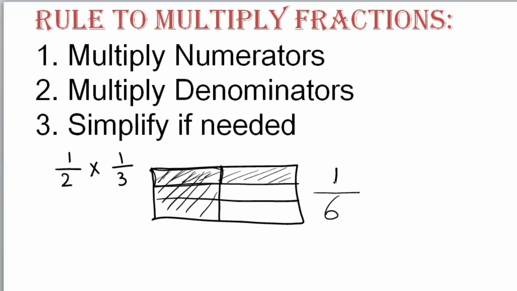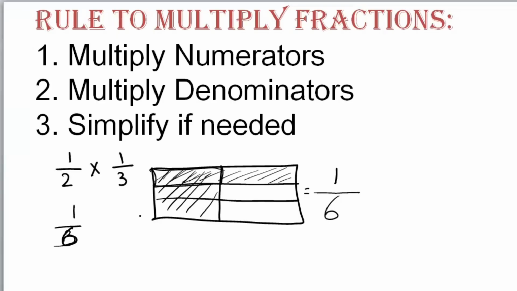It is one part. So this will be our answer. So when we are talking about the fraction, it means finding a part of a part. If we multiply it also, 1 times 1 is 1, and 2 times 3 is 6.